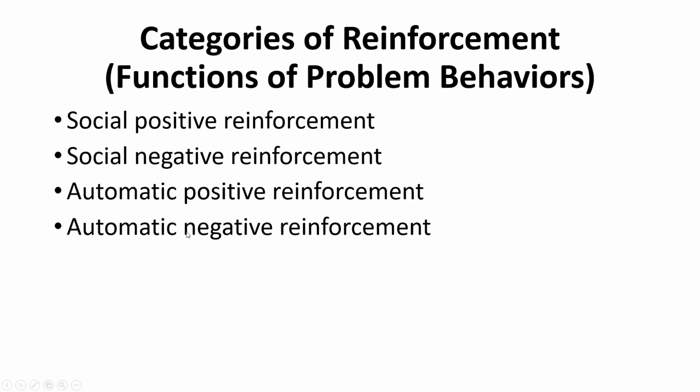And just another quick reminder of stuff we've already talked about. For different types of reinforcers that we can see, we can have social positive, social negative, automatic positive, and automatic negative reinforcers. So things that are externally driven or internally driven, and whether they're driven by positive stuff being added or negative stuff being taken away, all of those are going to apply here.